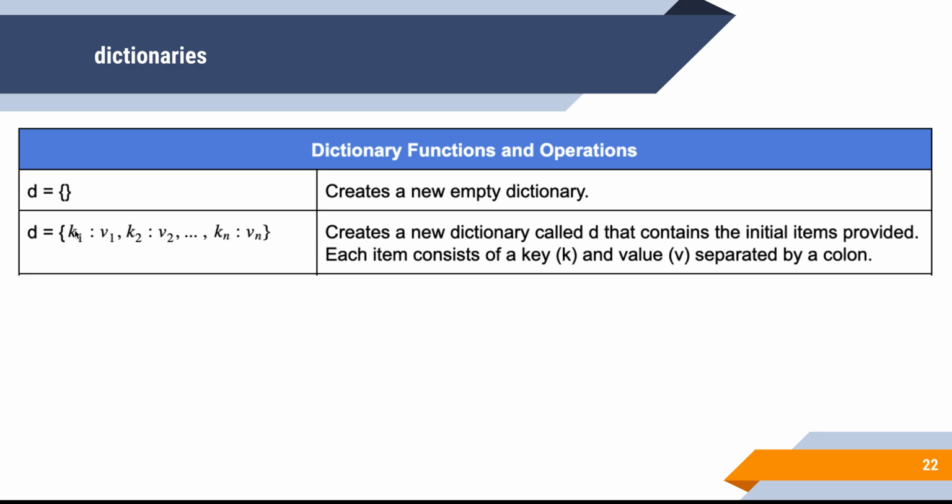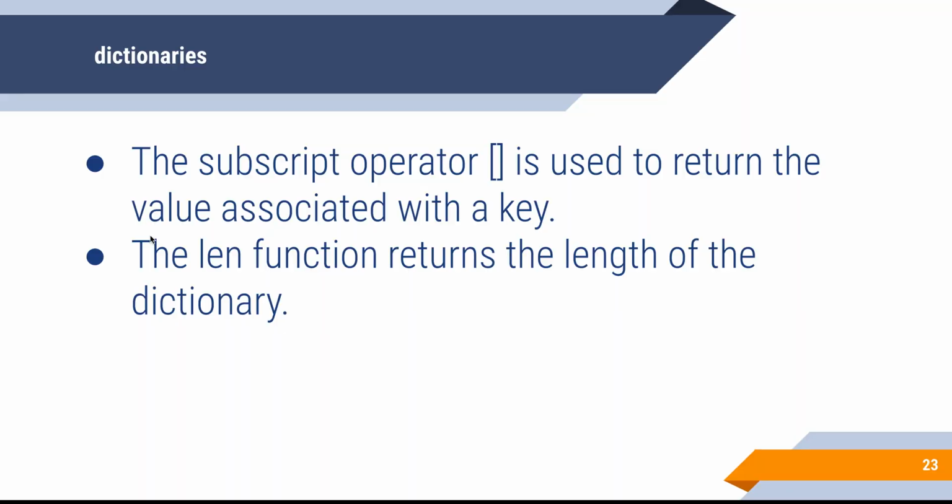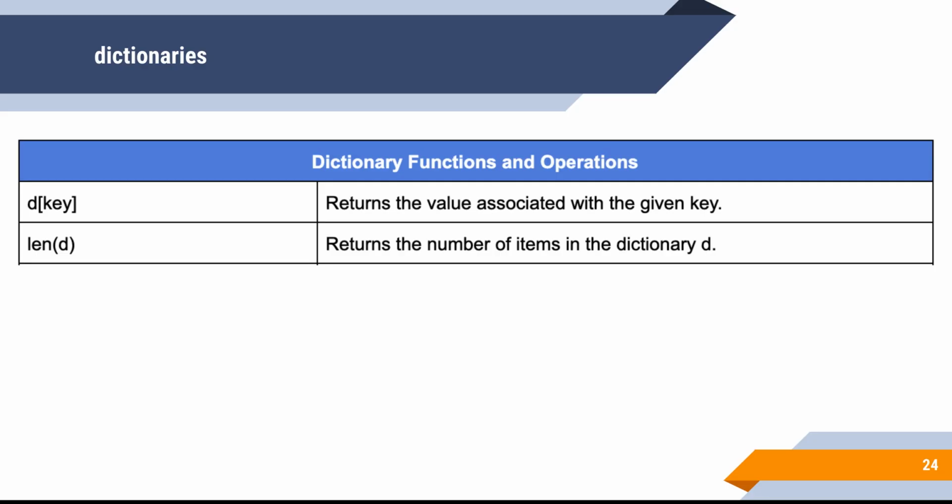So note to yourself here, you're going to have a key, colon, value, comma, key, colon, value. The subscript operator, the bracket, is used to return the value associated with the key. And you also have access to the len function, which will return the length of the dictionary. We're going to see some examples of this in a few moments.